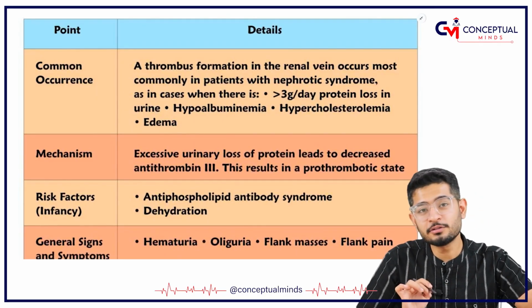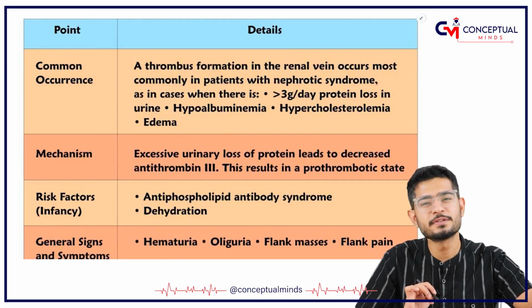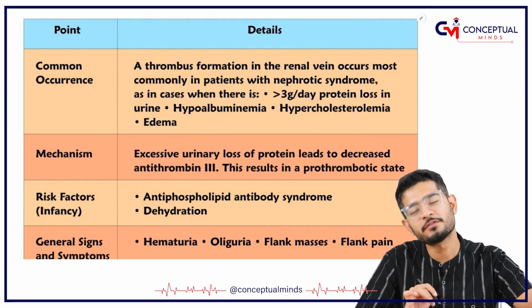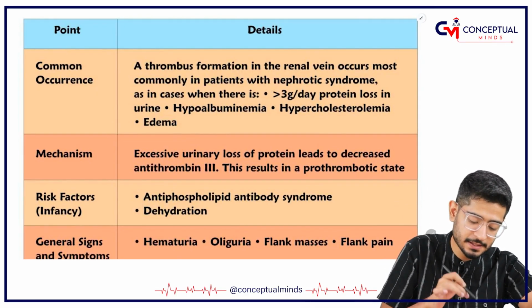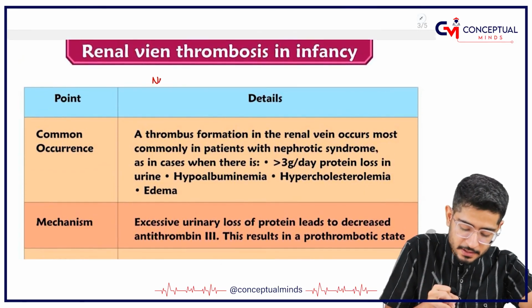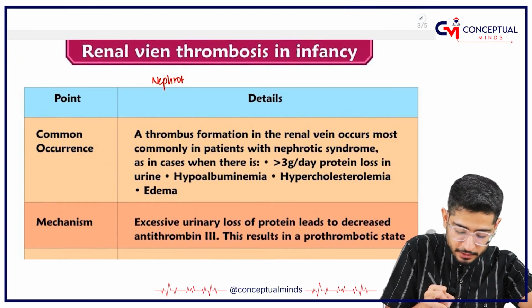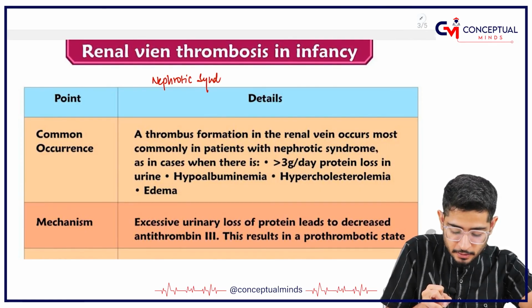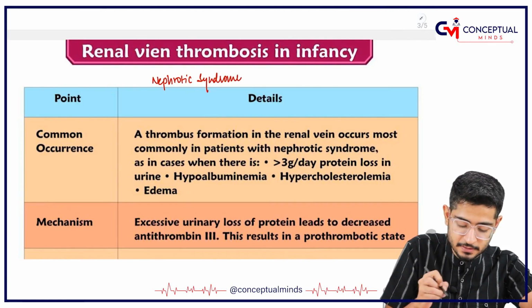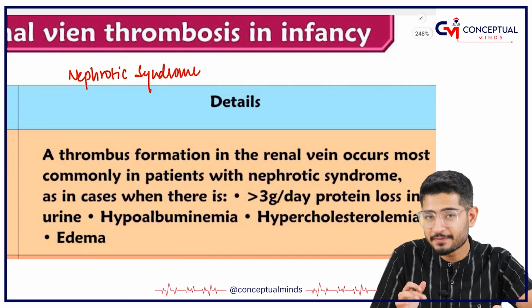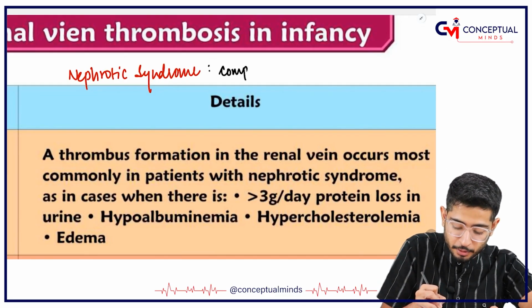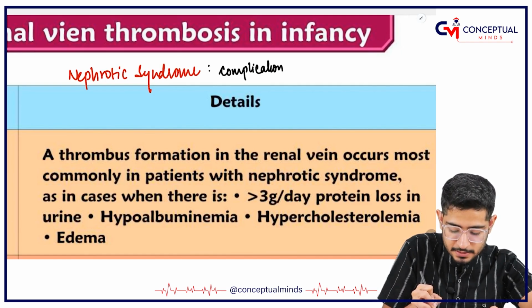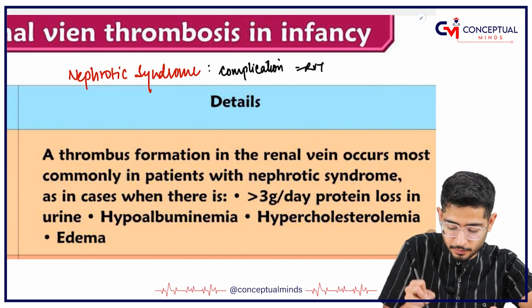This topic was not previously very important, but nowadays a lot of patients are coming with nephrotic syndrome. Nephrotic syndrome has a very important complication, and that complication is nothing but renal vein thrombosis.